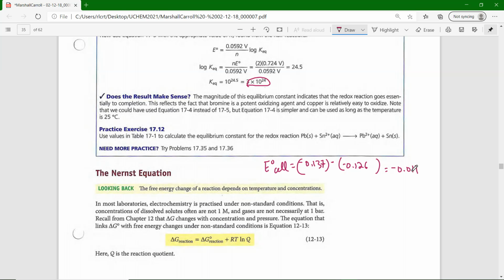So the equilibrium constant, KEQ, is 10 to the power of n E naught over 0.0592. Now my n value is 2. My E naught is minus 0.011.